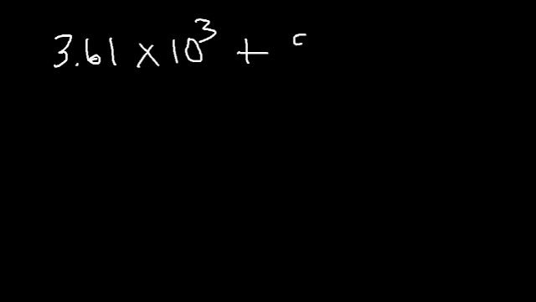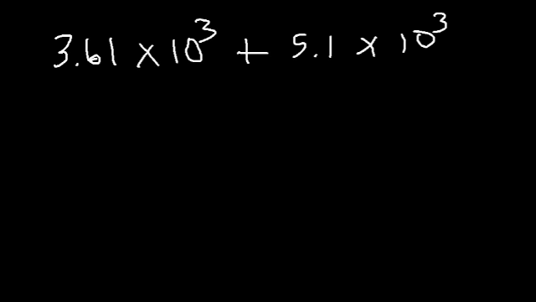Now sometimes you may get a problem that has scientific notation with sig figs. So let's say if you get a question that looks like this: 3.61 times 10 to the 3 plus 5.1 times 10 to the 3.